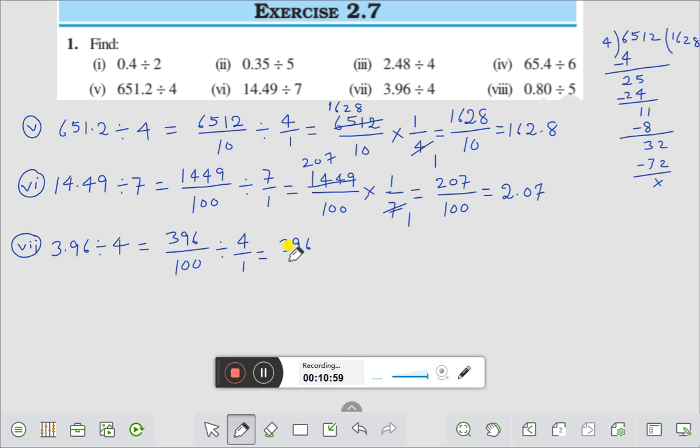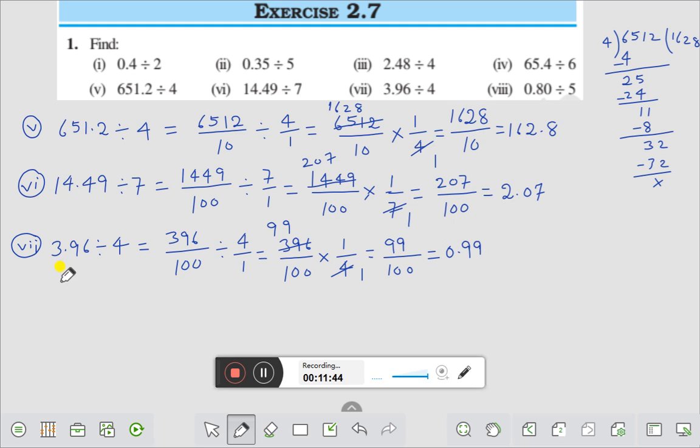Multiply the reciprocal of 4 by 1, that is 1 by 4. Now you divide it by 4, 4 1 is 4, 4 9 is 36, that is 99 by 100. Now if we divide 99 by 100, there are two zeros here, that means you have to shift the digit 2 places to the left side, 1 2, that is 0.99. This is question number 7.